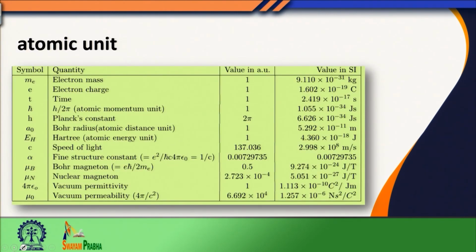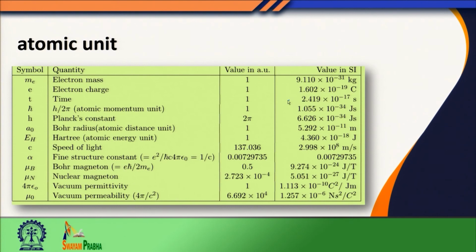Just to give you a brief idea about atomic units: we have defined atomic units by defining the mass as the electron mass, which is taken as 1, and the charge as the electron charge. So, we have to define mass, length and time. The length unit is given by the Bohr radius, which is 0.529 angstrom. We keep that as 1 atomic unit. The unit of time is 0.24 attosecond.